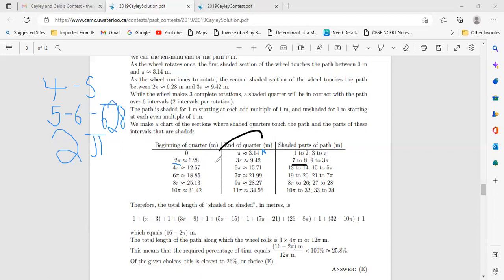So that pi part is for this, right? Yeah. I'm asking for the path. Yeah, that's what I'm saying. So there's one section in between the first and the second shaded region, right?